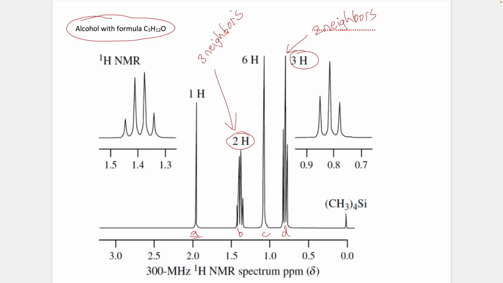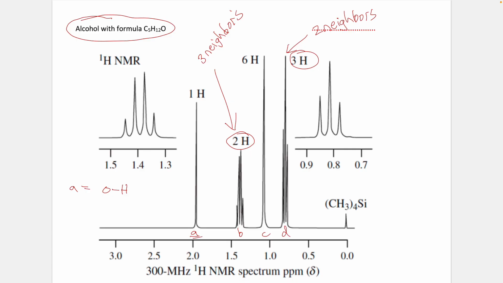They don't split their neighbors. So we're looking for a singlet to assign to the OH. There's two singlets in this molecule. One of them is for 6 hydrogens, and that doesn't really make sense because an alcohol has just one H. So this signal A, I'm going to assign it as probably being an OH signal. That's got to be most likely our OH. Okay, and then the B and the D are the split signals.